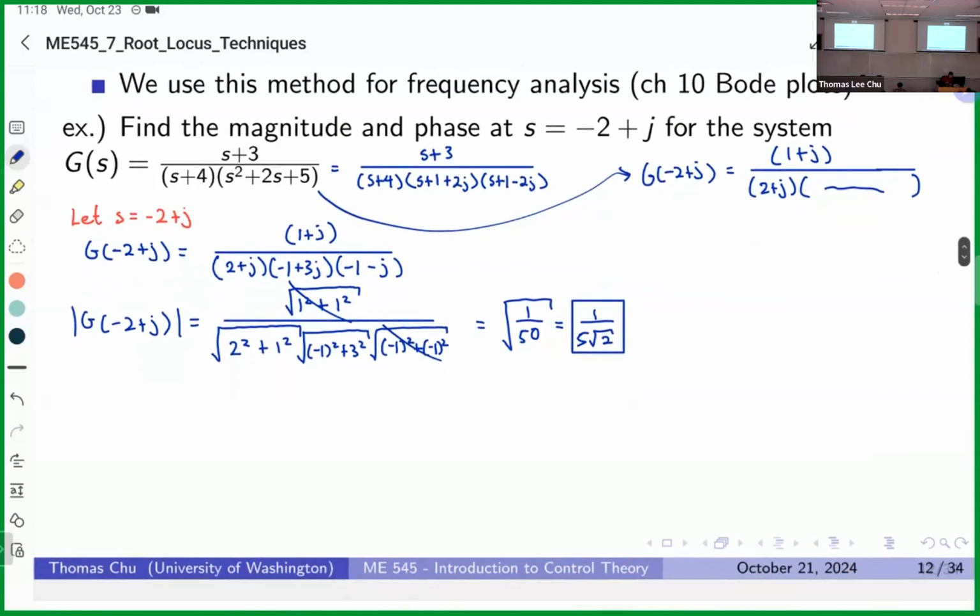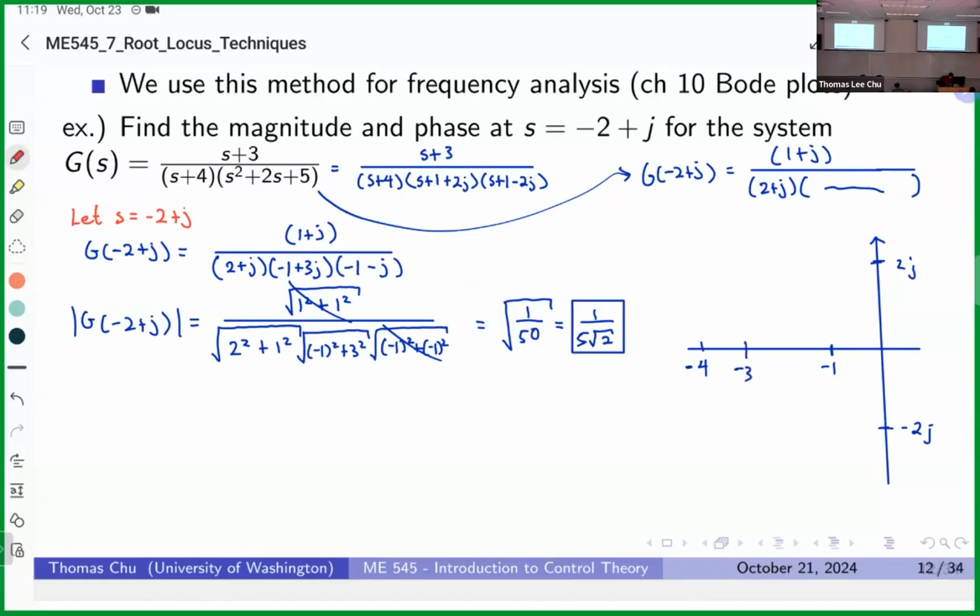So then for finding the angle, I think visually it'll make more sense. So I'm going to draw out this point we're evaluating at. I'm going to show you what it looks like. We have 2j, minus 2j, at a location of minus 1. And then we have a second pole at minus 4 and a zero at minus 3. Let me draw this. It's not going to be spaced linearly.